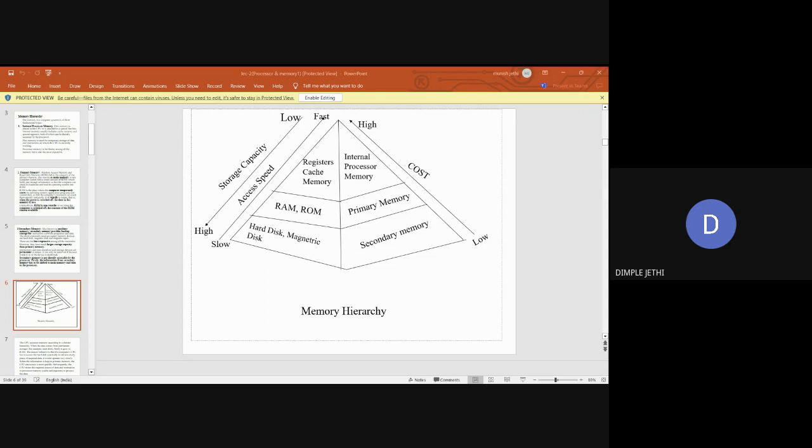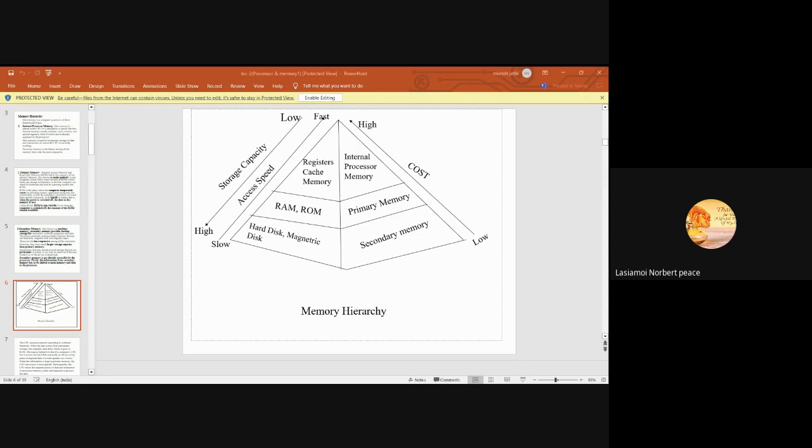Yes, Norbert, can you explain this diagram to Zomana? Yeah, I can try. Well, I will start with the storage capacity.